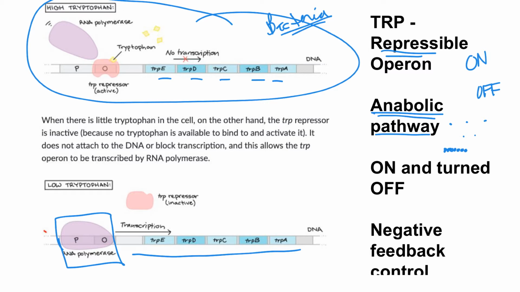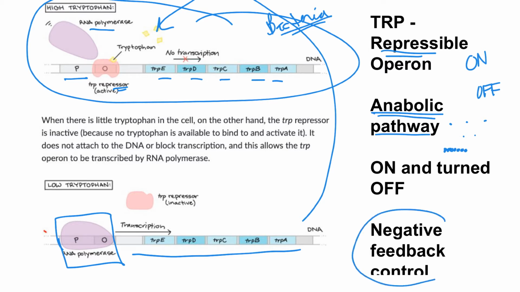When tryptophan builds up, it is going to bond to the repressor and make it an active repressor. It sits on the operator, and now the RNA polymerase will not fit on the promoter and no transcription occurs.